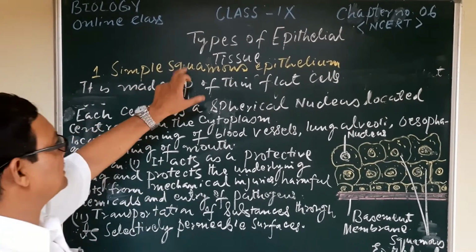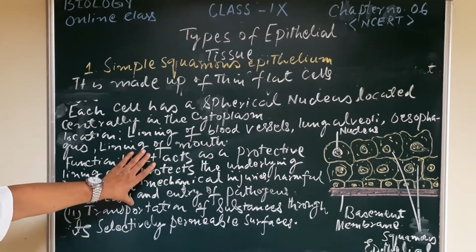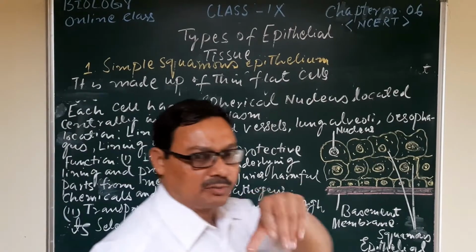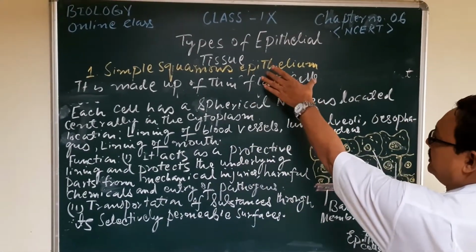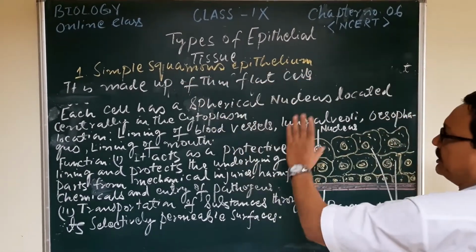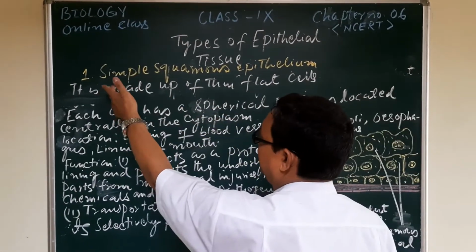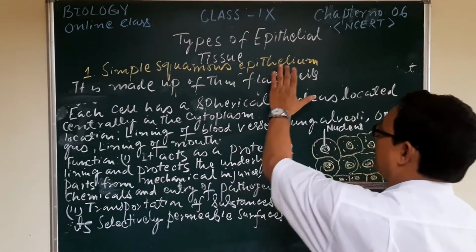The first one is the presence of the layer of cells and the second one is the shape of the cell. That is why we are talking about the simple squamous epithelium, and after this we will discuss the stratified squamous epithelium.